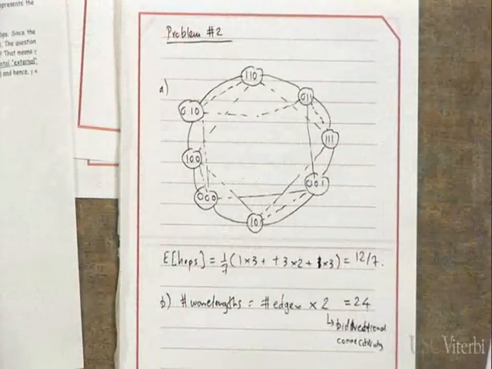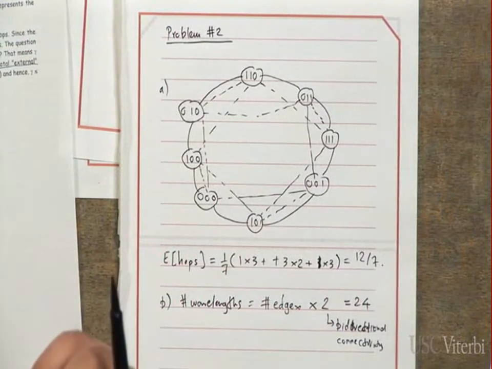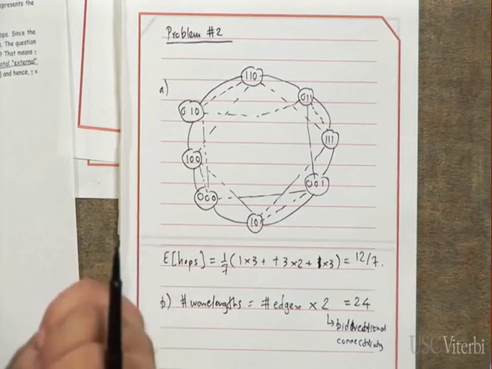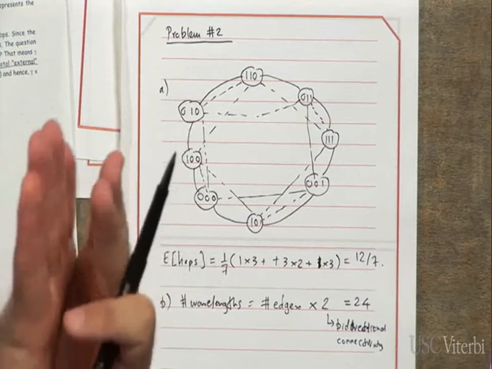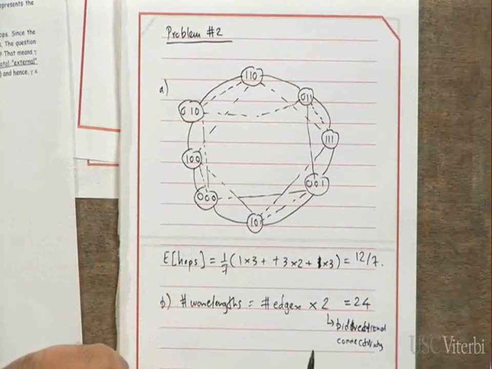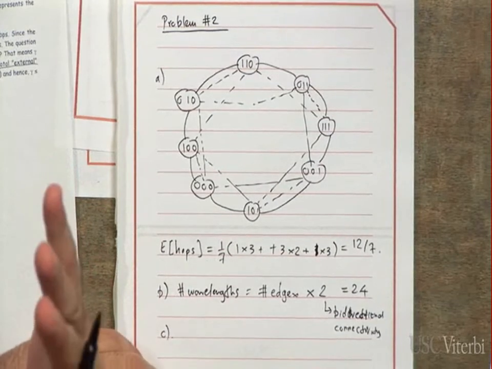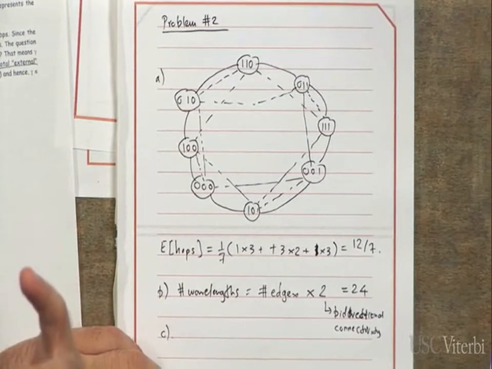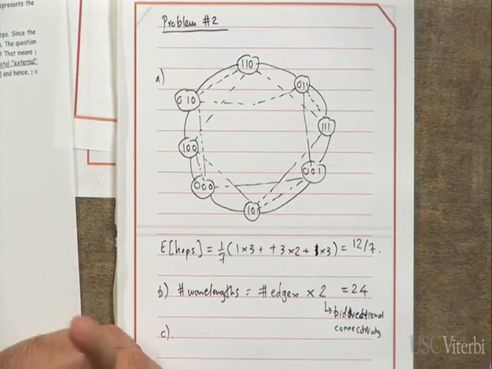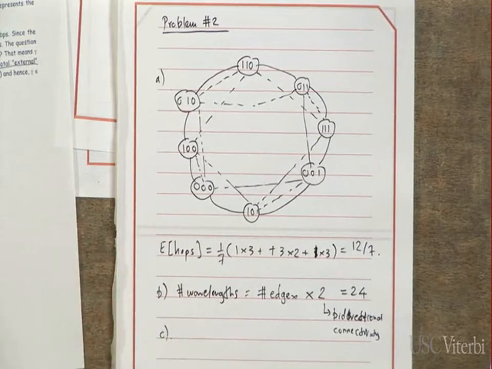So the question is, what is the maximum end-to-end traffic? For that, usually what we should calculate is the total traffic inside the network, and then we know the average hop count, so we can calculate on average how much end-to-end traffic is inside the network. So let's do that.